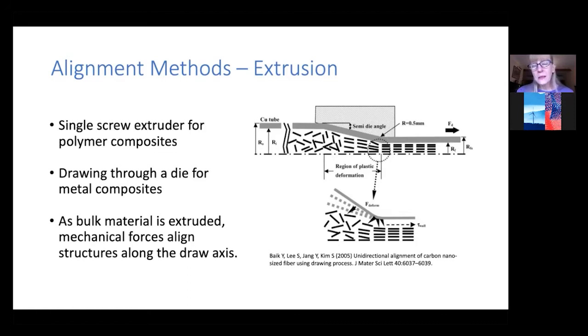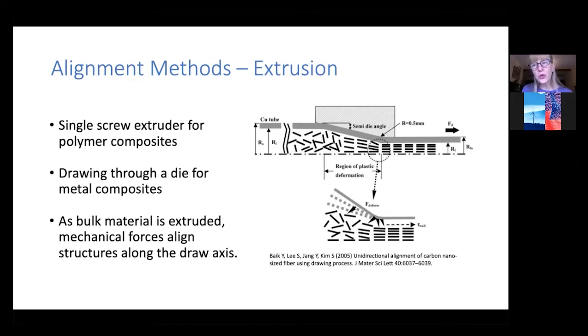And these sorts of processes can be repeated. So there are multiple extrusions, regardless of the host material into which the small scale structures are incorporated. There are these mechanical forces that are tending to cause alignment.